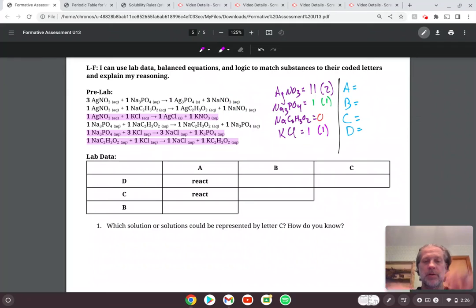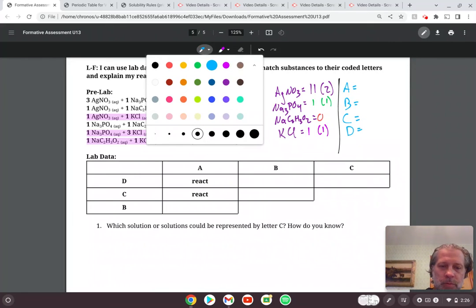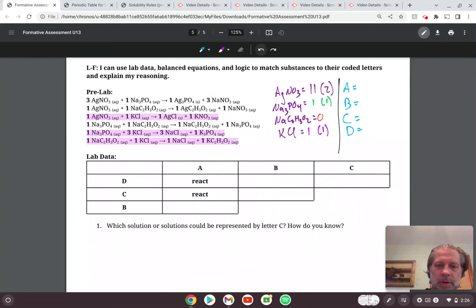The next thing I'm going to do is count up the number of times that the reactions occurred in the data table. If I go straight down, it looks like the first one, bottle A, reacts twice. So that's 2 reactions.